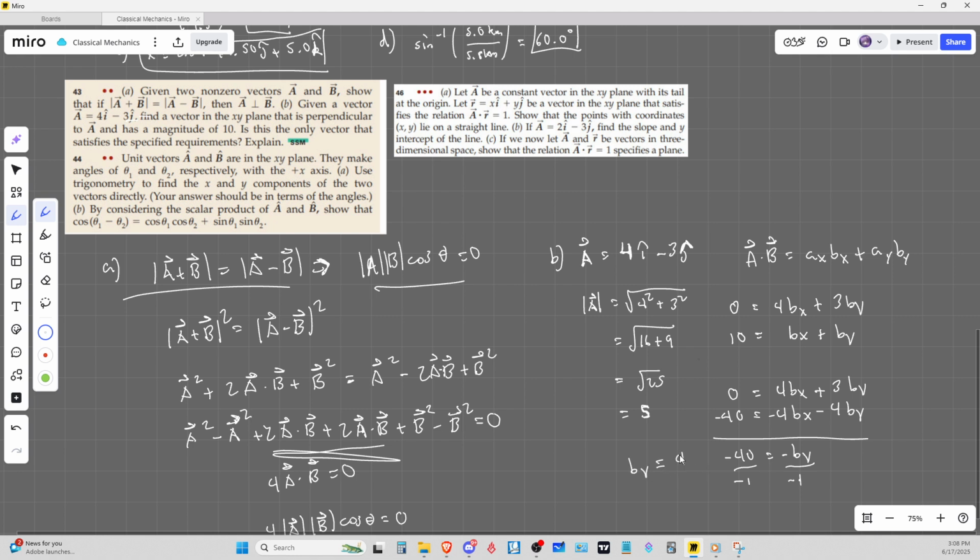So by is equal to 40. And if that's the case, then bx would have to be -10. But if you find a perpendicular vector, you can just divide by a constant that gets the norm right. Well, this is what we end up with.